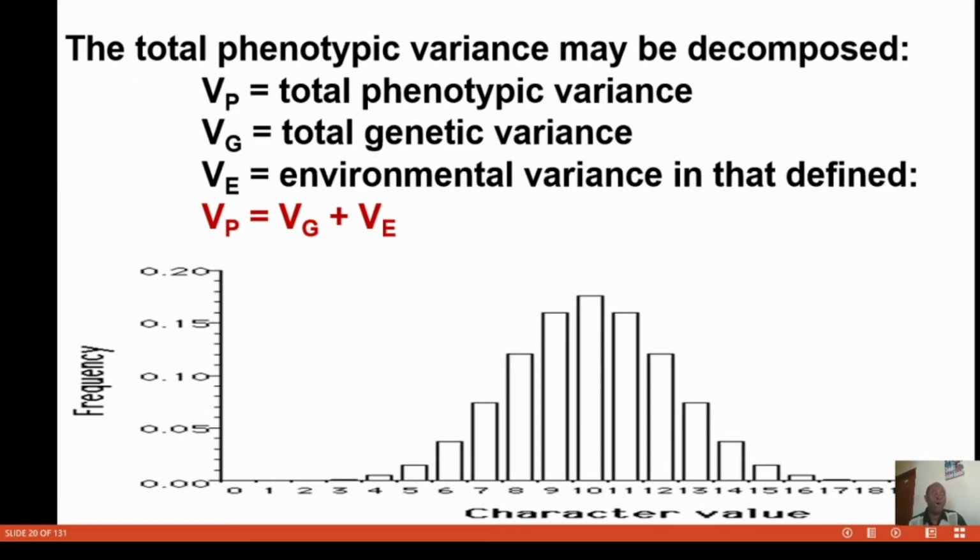So we can decompose the total phenotypic variance, the V sub P. We can decompose it in this way, that it is the sum of the total genetic variance plus the environmental variance.